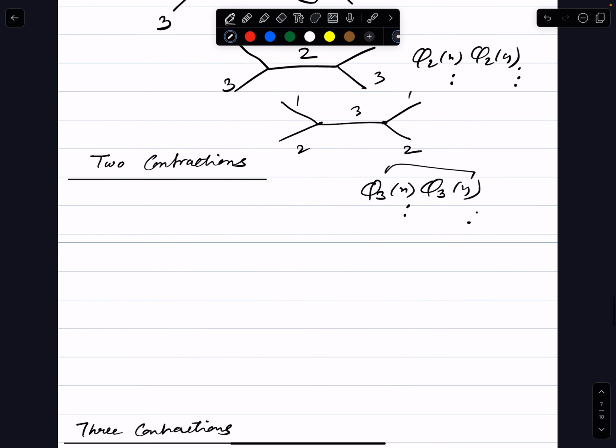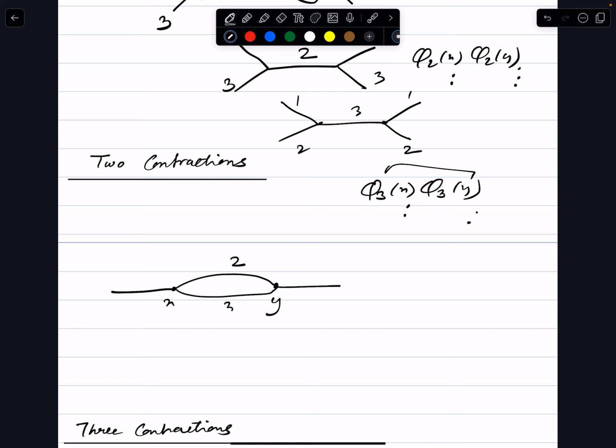And then two contractions. Again, I don't even need to draw the diagrams now, because I have x, I have y, and two contractions. Let's say 1 and 2 are contracted. How would I draw them? I would draw two lines between x and y, and this leaves me with one line left.